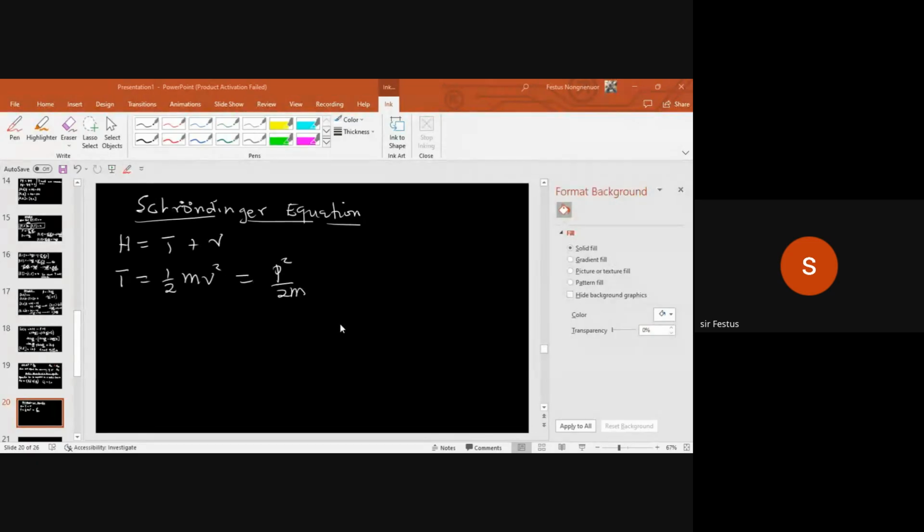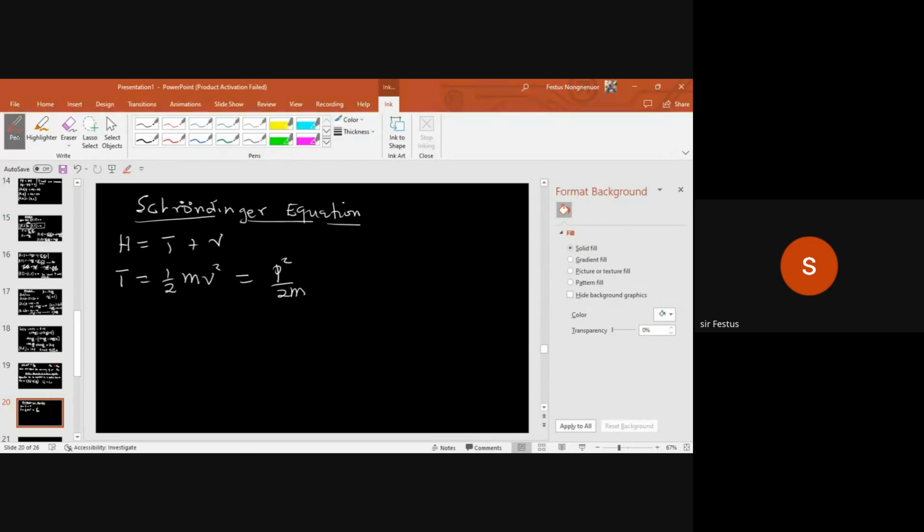All right, so as I was saying, this is the expression of the mechanical energy, or the Hamiltonian expression. We can define the kinetic energy in terms of velocity as well as in terms of momentum, like this.